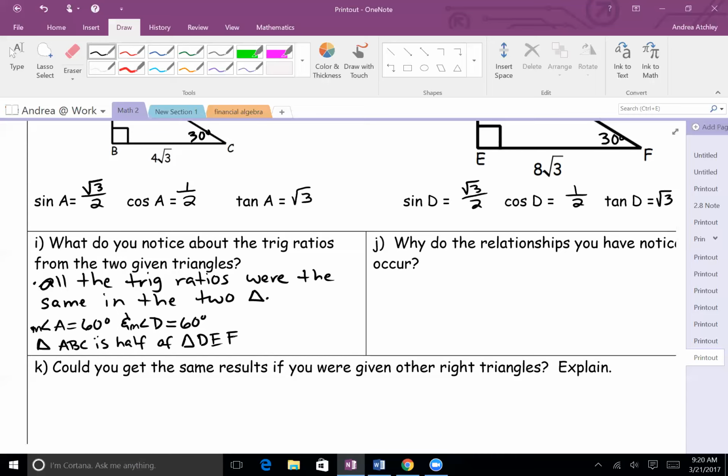And when we have the angles that are congruent and the sides that are proportional, what do we call that? Go back to the very top of your page that we wrote down. Similar. Similar. So we would say that triangle ABC is similar to triangle DEF.